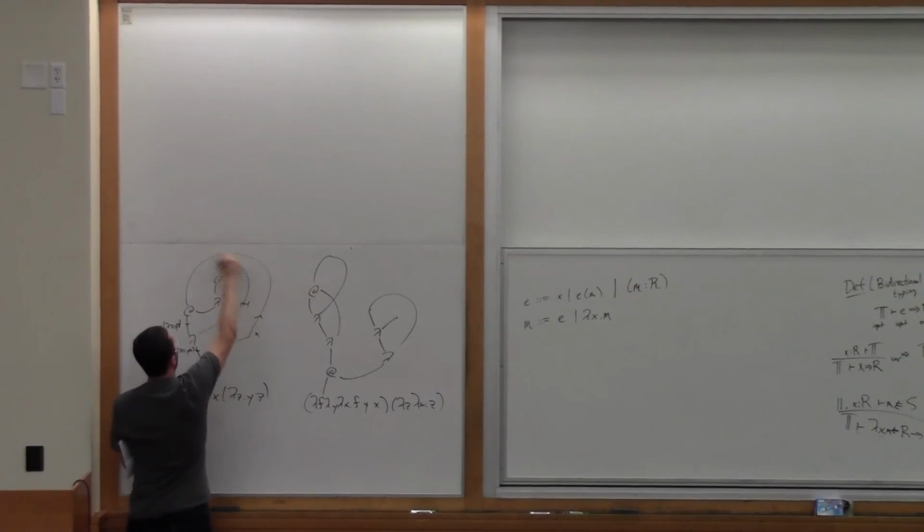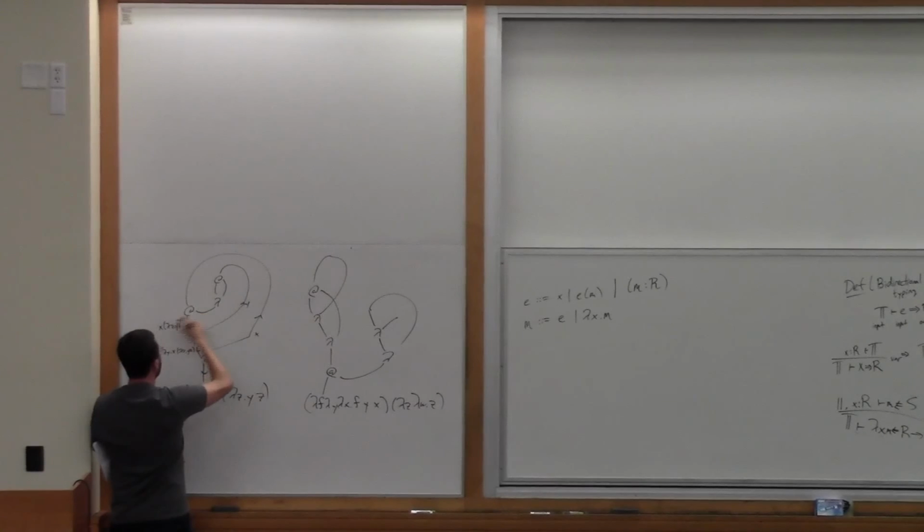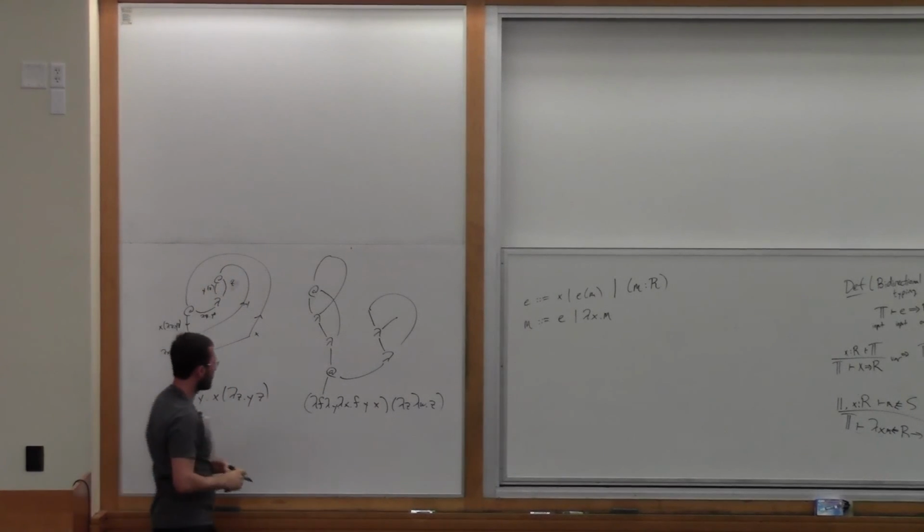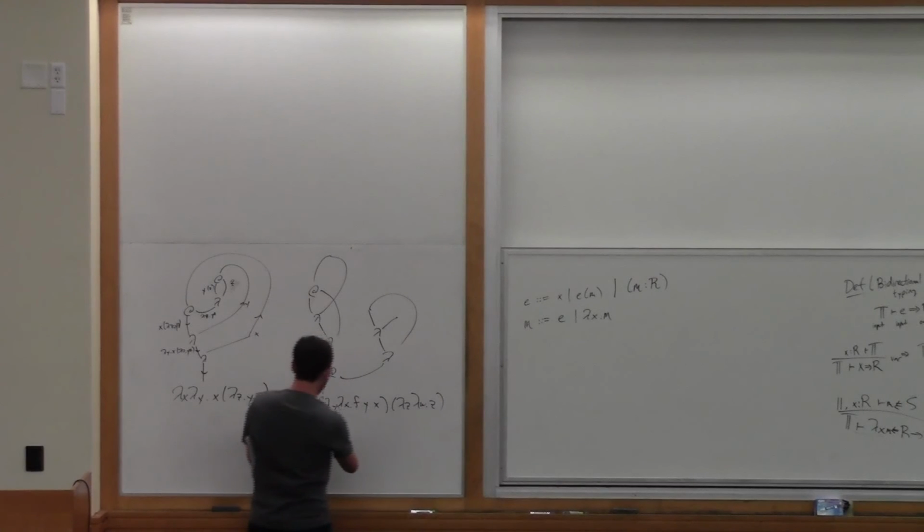So here we have x, and we have an application. It's the application of x to this lambda z, y, z. Sorry, that's z. And this is y applied to z, so we get y applied to z here. And similarly, this is an application.